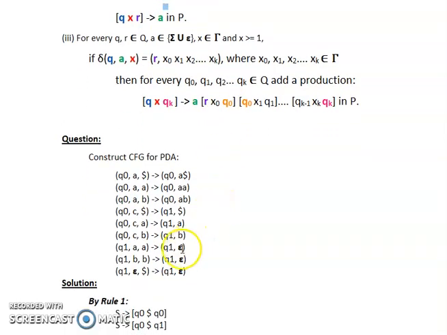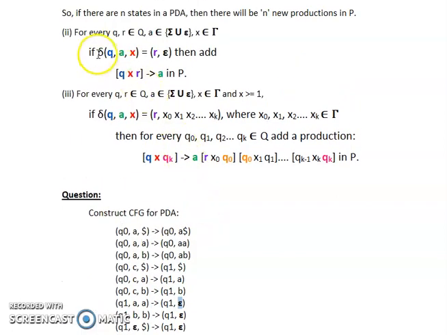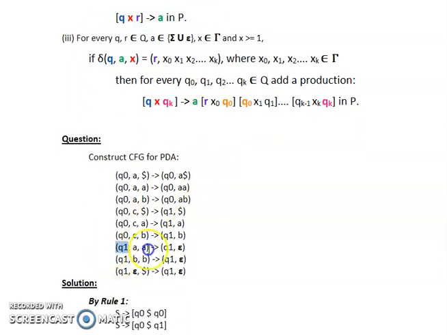If we check, there are three productions which have an epsilon on the rightmost side of the right side of a production. So it is satisfying the condition. Now according to this condition, there are three transitions.